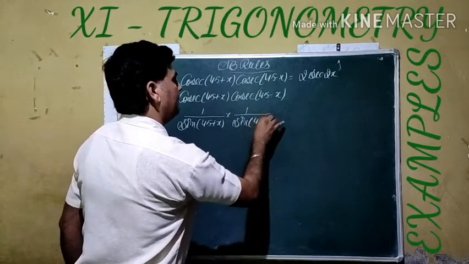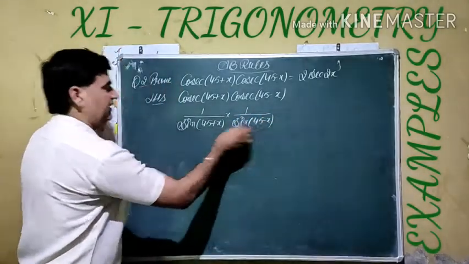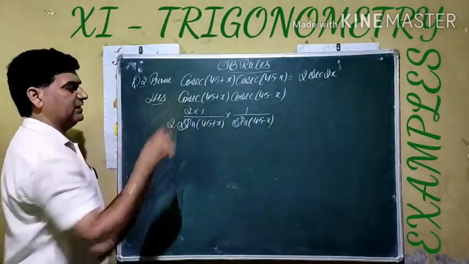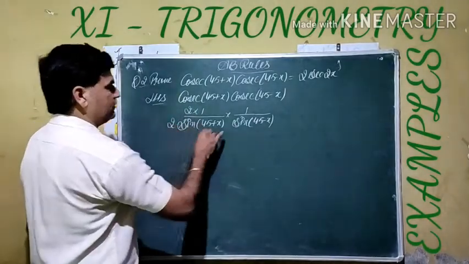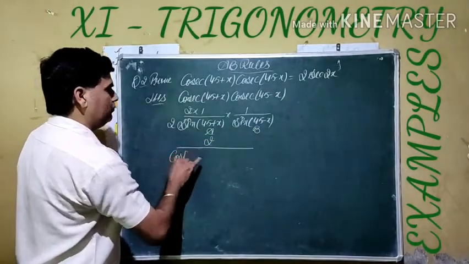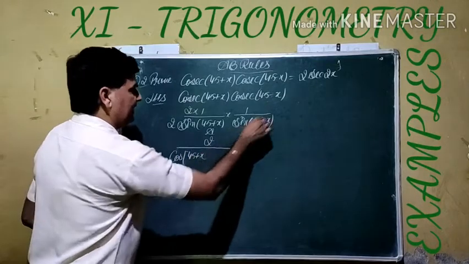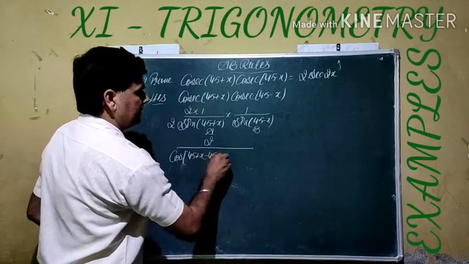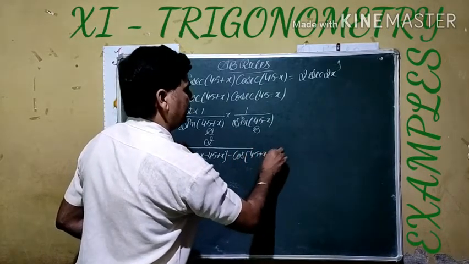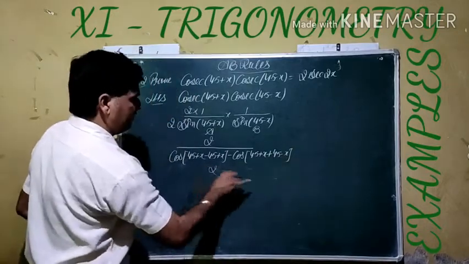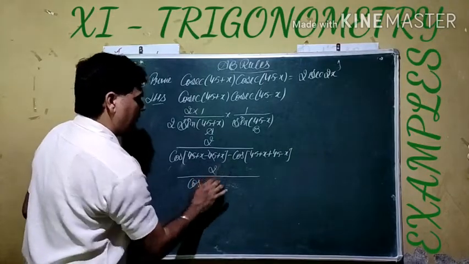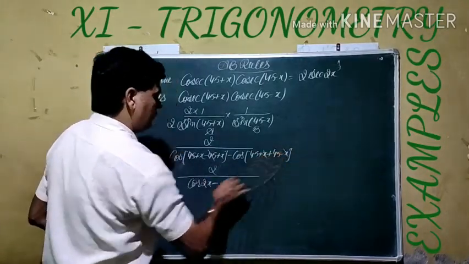If you see here, it becomes like sin A sin B, but we have the rule for 2 sin A sin B. So multiply by 2 in the numerator as well as in the denominator. Now we use the 2 sin A sin B rule, which is cos of A minus B, meaning 45 plus x minus the B value, minus cos of A plus B. If we simplify, 2 divided by, 45 cancels out, cos 2x minus, x cancels out, cos 90.